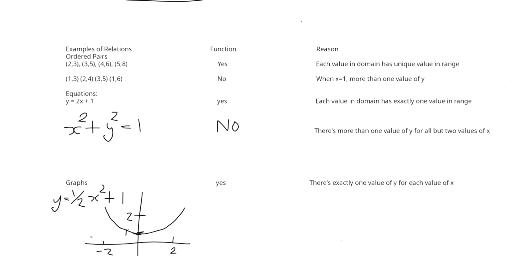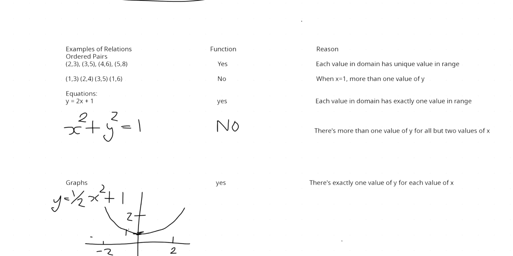Say, for example, x was 1 here, then 2 times 1 is 2, plus 1 is 3, so y will be equal to 3. And it increases as x increases. So each value in the domain will only have one value in the range. Each value of x will only have one value for y, which means it's a function.